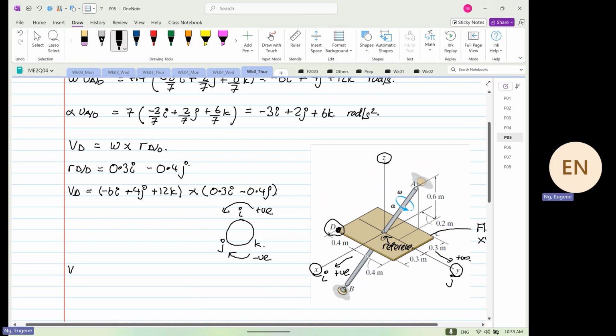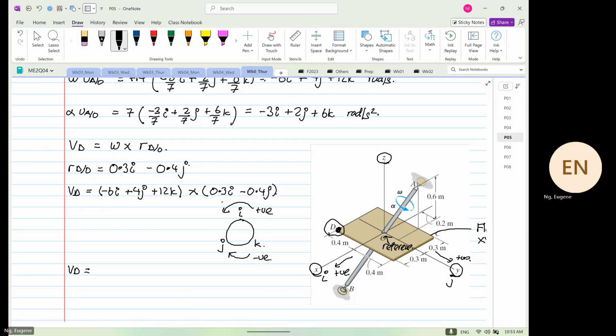So VD is equal to I cross I. What do we get? Nothing. I cross J, is it positive or negative? Watch this. All of you put your pen down, just watch me, because this is so much easier than forming a matrix.